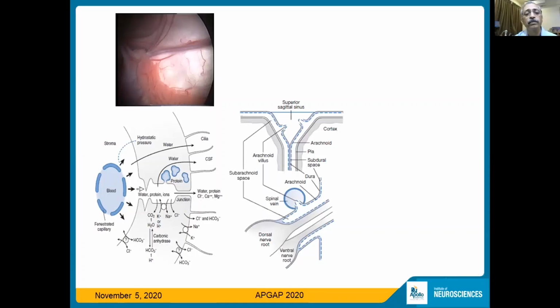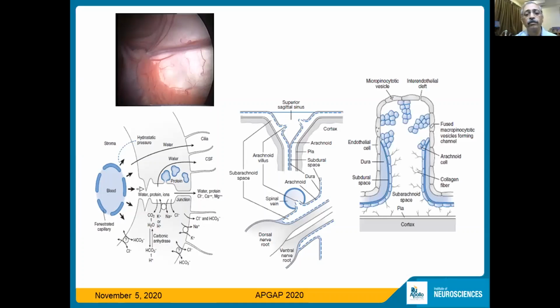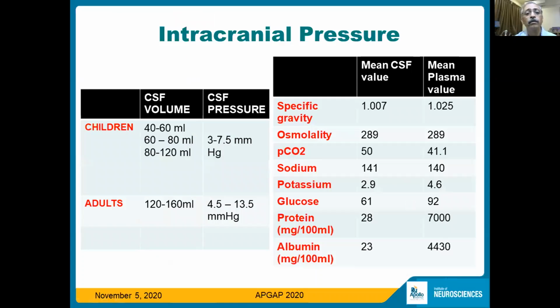Now this circulates and is absorbed into the arachnoid granulations, which are on the superior sagittal sinus, and this is how it looks: projections of the arachnoid into the superior sagittal sinus from the subarachnoid space. The reason I said it is not an ultrafiltrate of the plasma is that there is a significant difference in these values, the osmolality, sodium and glucose.